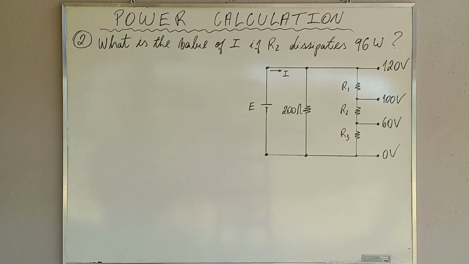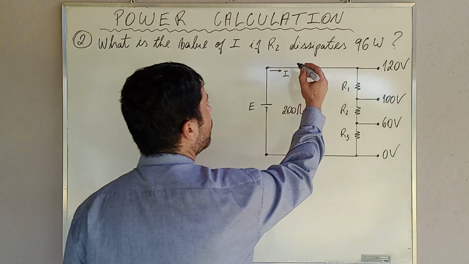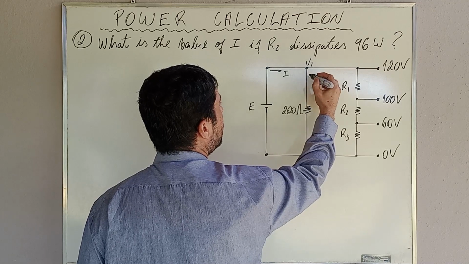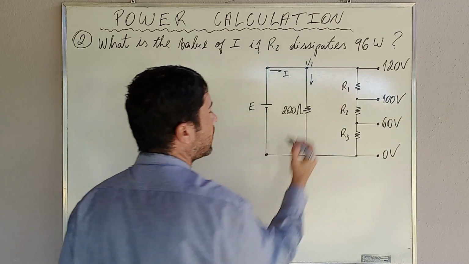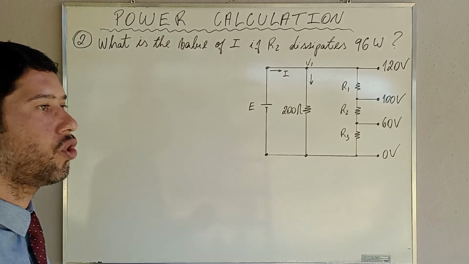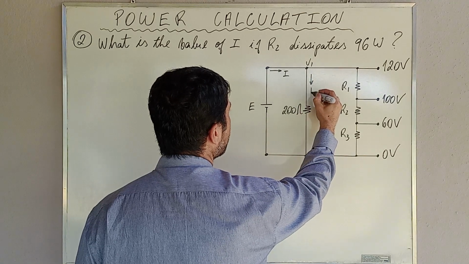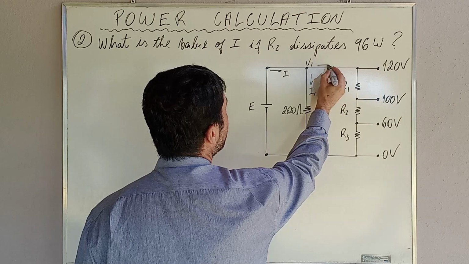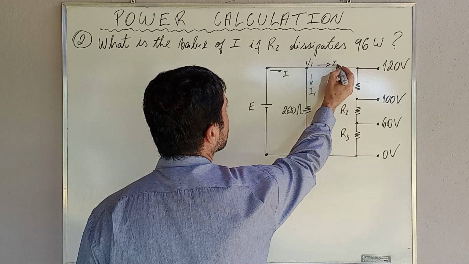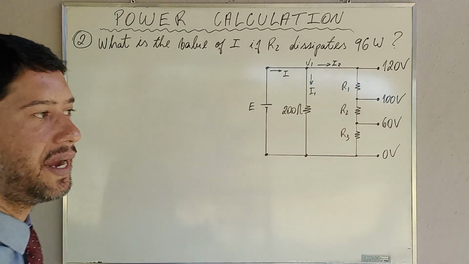To facilitate calculation and understanding, we will use two auxiliary currents, I1 and I2, and denote the voltage at the node as V1. We are going to consider the voltage here, V1. The current that flows here, we are going to call I1, and the current here will be I2.